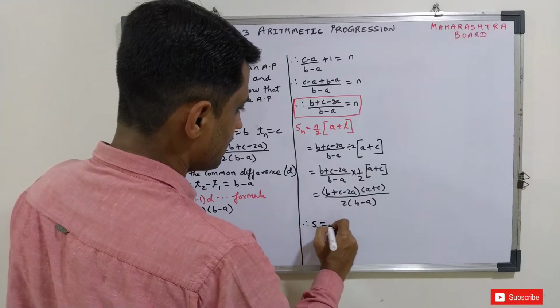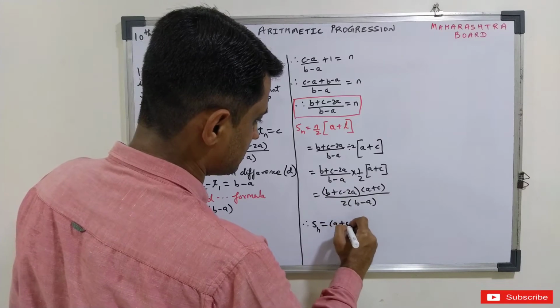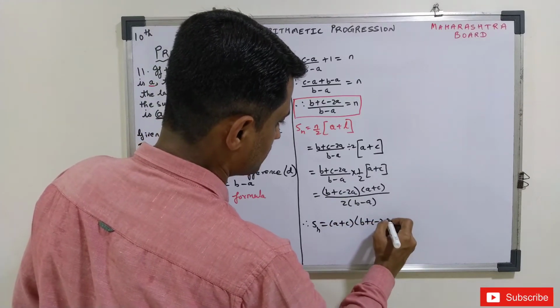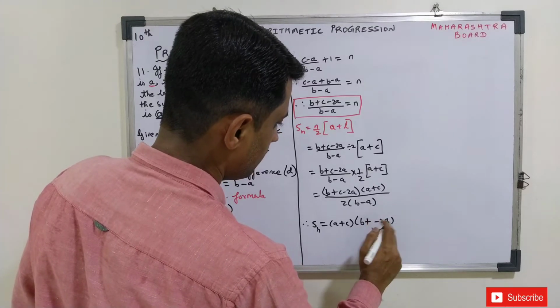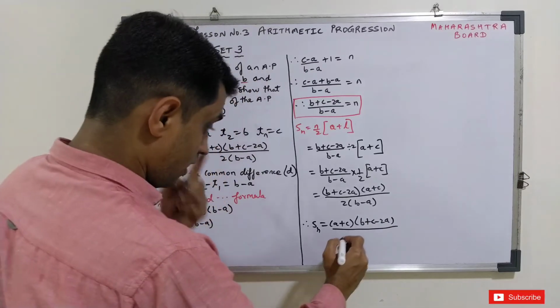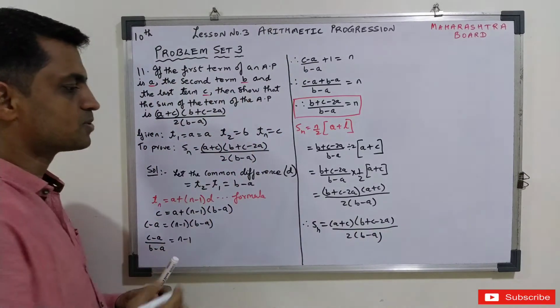Therefore, Sn is equal to A plus C, multiplied by B plus C minus 2A, upon 2B minus A. Hence proved.